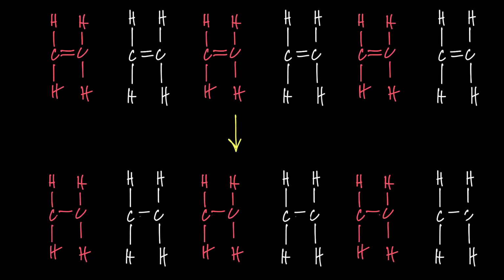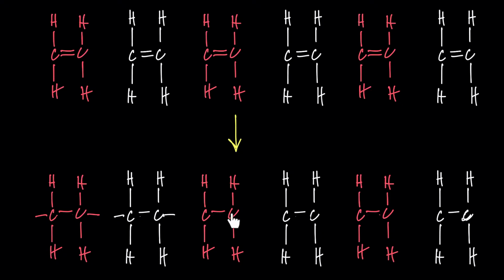But every time you break a bond, every time this bond breaks, this has to bond with something else. So it says, I want a bond. Then this white one says, I also want a bond.